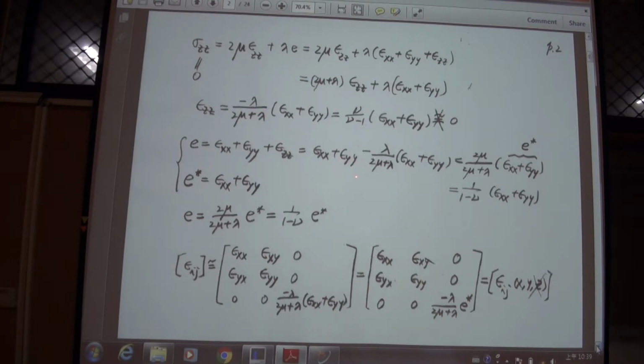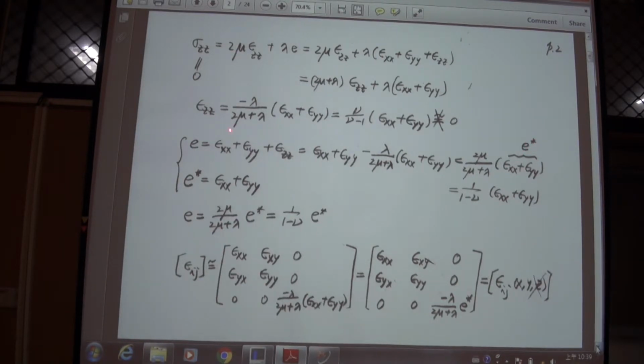Then we see that this little e can be expressed as ε_xx and ε_yy times a constant, because we can collect terms to have this result. So the little e symbol can be expressed in this way, and this ε_xx plus ε_yy can be defined as another little e with a star, e star here.